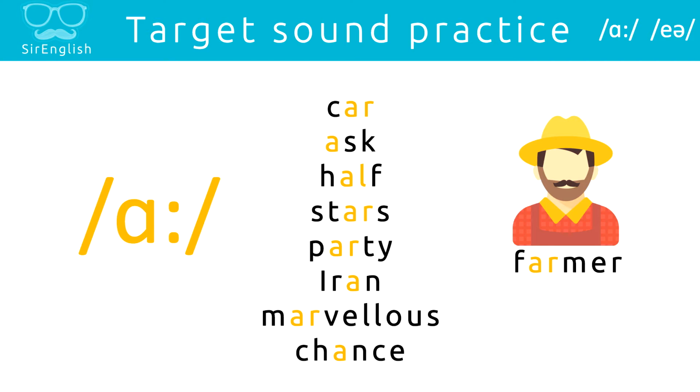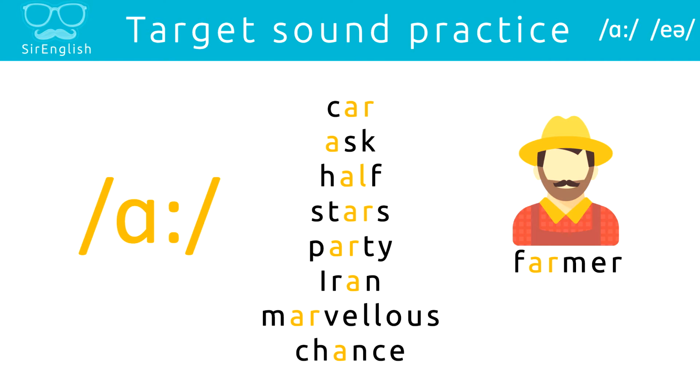Okay, and as you can see, look at the spelling. Notice there are many, many examples of AR: car, stars, and party, for example. And the R sound in these words is unpronounced. We do not pronounce the R sound.